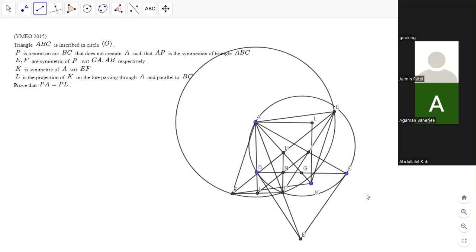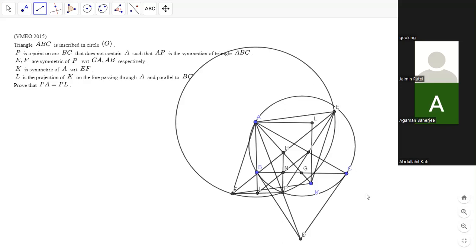I think that is something we can prove, that H is indeed the desired point. So we will then have that H is the midpoint of AK.